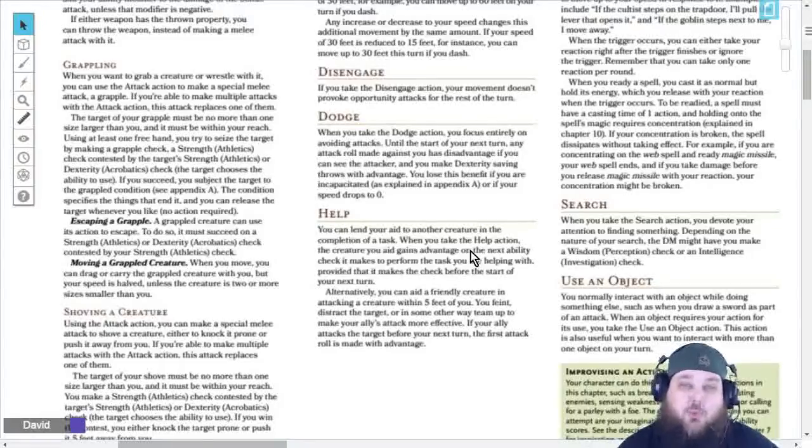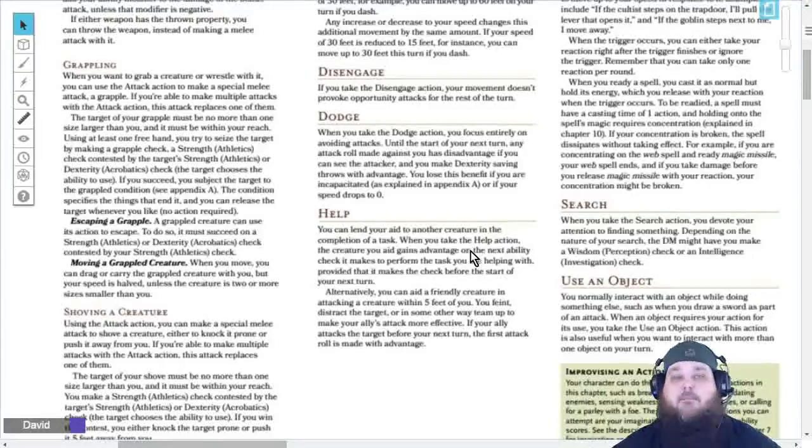So make sure when you use Disengage, don't forget to have movement left, because you have to move to provoke. So if you don't move, you're not going to provoke. And if you ate up all your movement charging in, and if you attack, you're not going to be able to disengage because you've already used your standard action to attack.